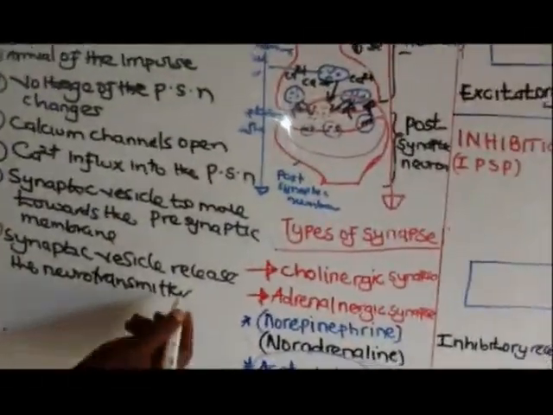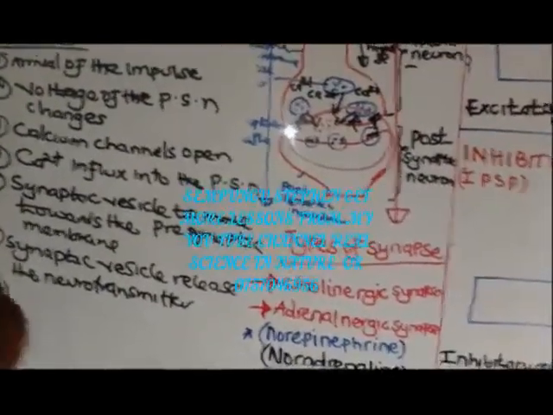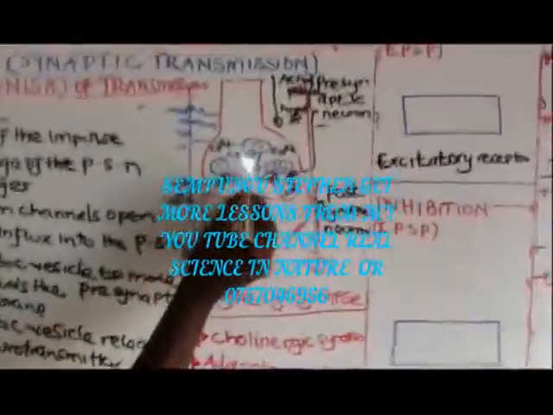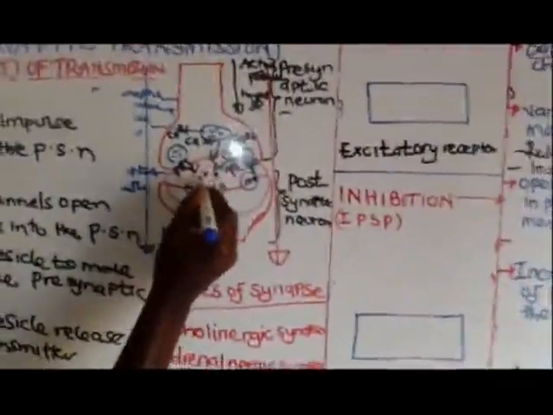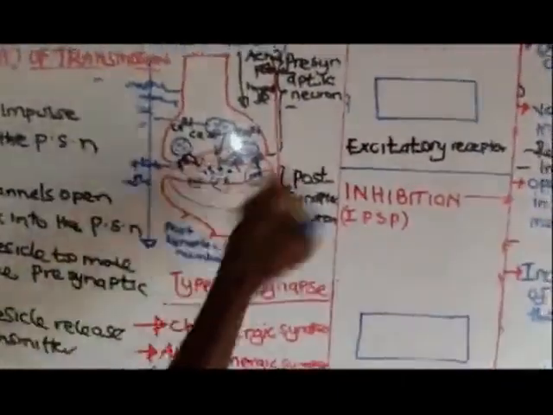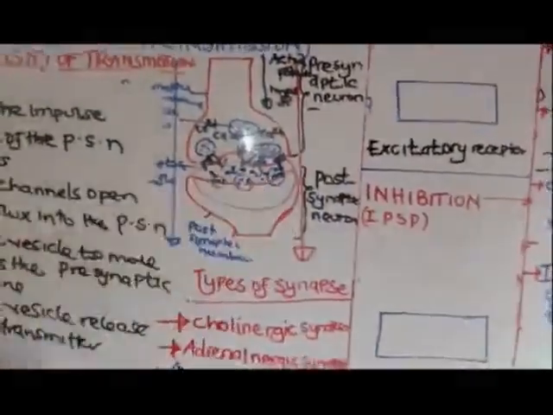Now, when they release the neurotransmitter substance, what happens next? Releasing it means you can see some release here, these ones which I'm representing here. It means the chemical is pouring in the cleft here. Shall we see the chemical pouring in the cleft?